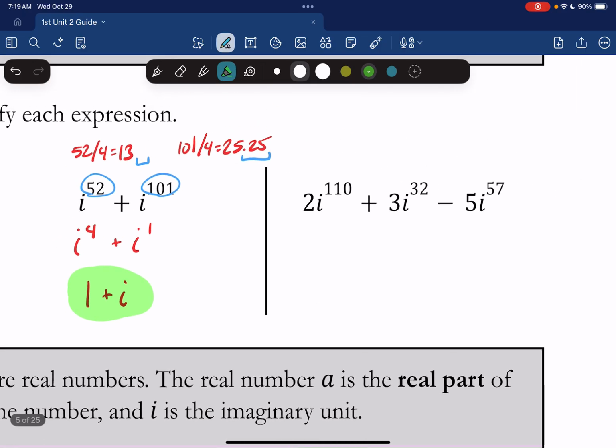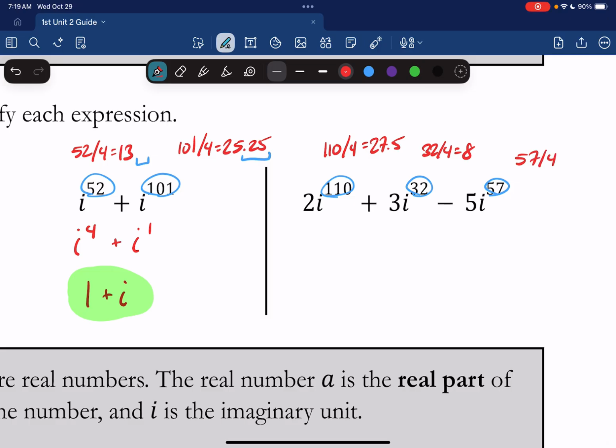And now the last one. So I got i to the 110, 32, and 57. So I'm going to start: 110 divided by 4 gets me 27.5. 32 divided by 4 gets me 8. 57 divided by 4 gets me 14.25. So I'm now going to look at my decimals.